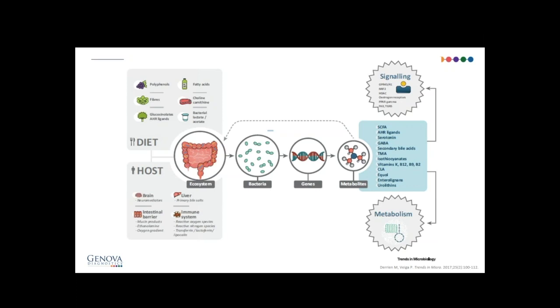And they have varying effects ranging from beneficial, like the short chain fatty acids, to problematic, like TMAO, that leads to atherosclerosis. These metabolites impact the human. So up at the top, you can see that it sends out signaling molecules to the human body, and it impacts our metabolism. It can impact inflammation pathways, so they're very, very important.